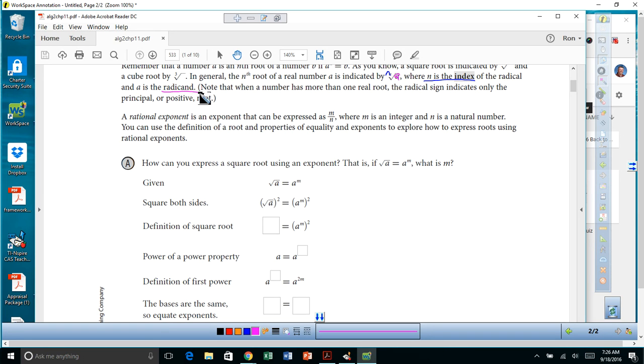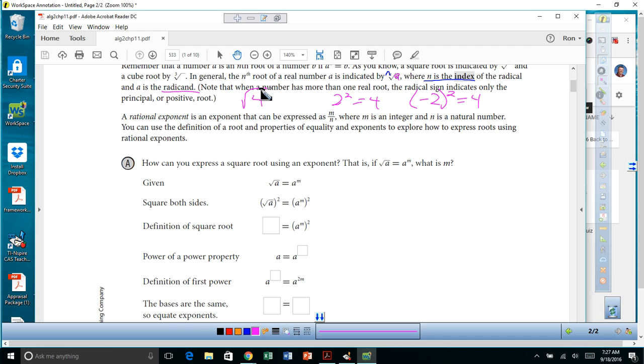Note that when a number has more than one real root, the radical sign indicates only the principal or positive root. Example, the square root of 4. Well, we know that 2 squared is 4, and we also know that negative 2 squared is 4.